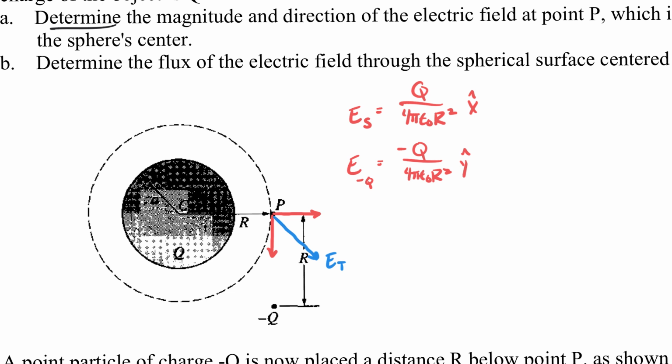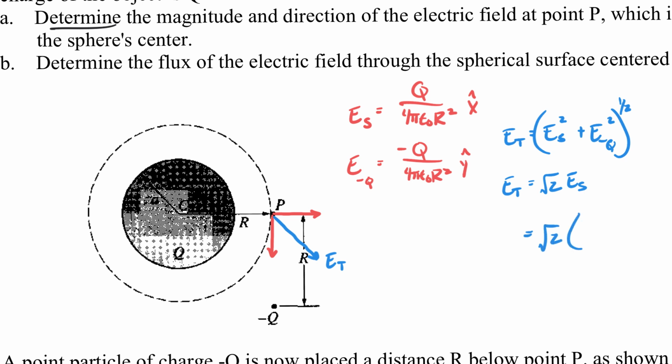So our magnitude will be the total, plus e negative q squared, plus 1/2 power, which just means ET is going to be ES, and the same magnitude, over 2 of S. So that would be root of 2 times q over 4 pi epsilon naught.